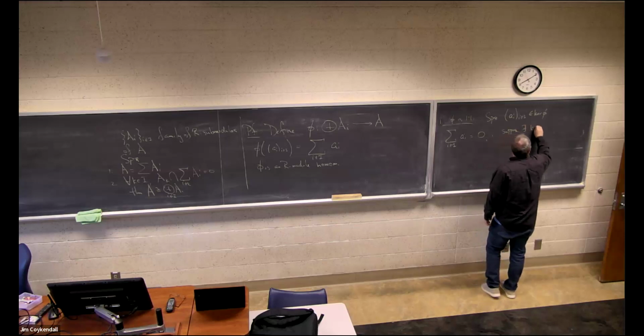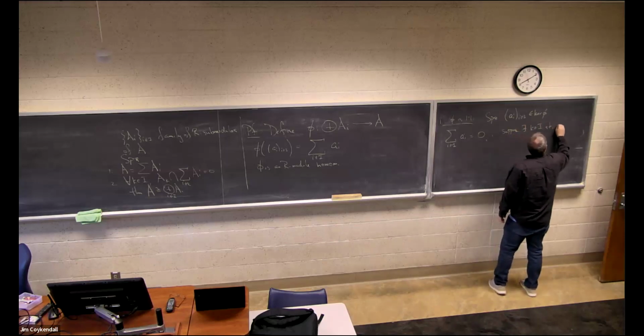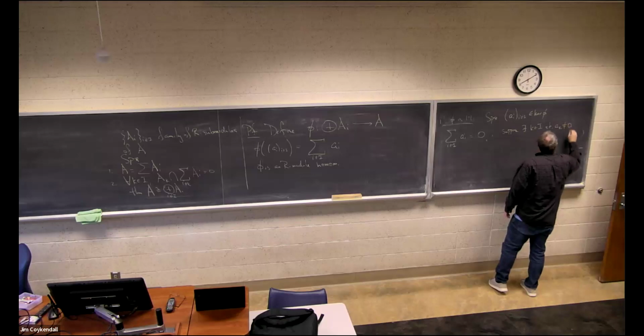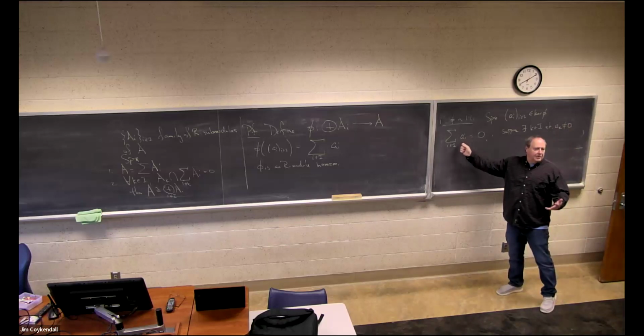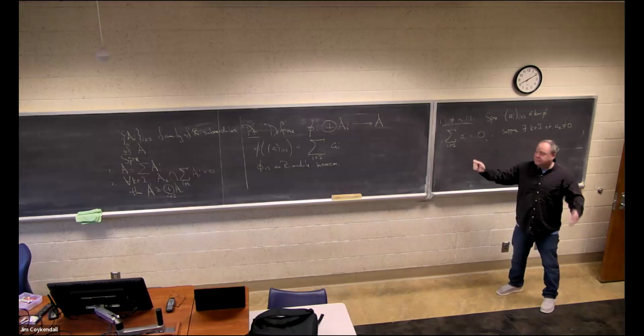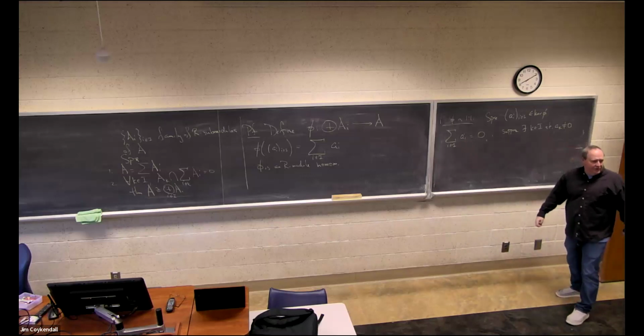There exists k and i such that a_k is not 0. So let's suppose this isn't just a sum of zeros. Suppose at least one of them, a_k in particular, is non-zero.